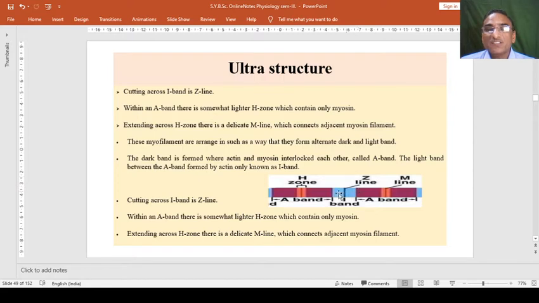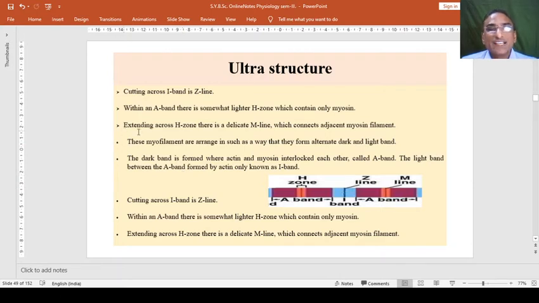Within an A band there is a somewhat lighter H zone, and in the H zone there is also a central line, generally called the M line, which we will see next.